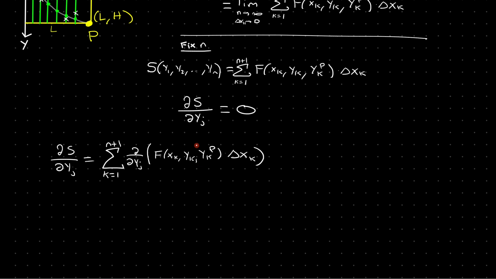We still have relatively complicated dependence here. However, we're now looking at the dependence of this f on y, so all of the y's. Remember that we took ykp to be delta yk over delta xk, or yk minus yk minus 1 over xk minus xk minus 1.